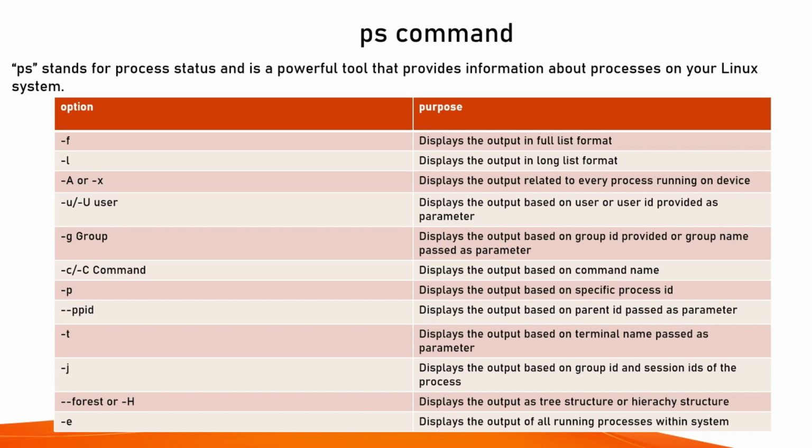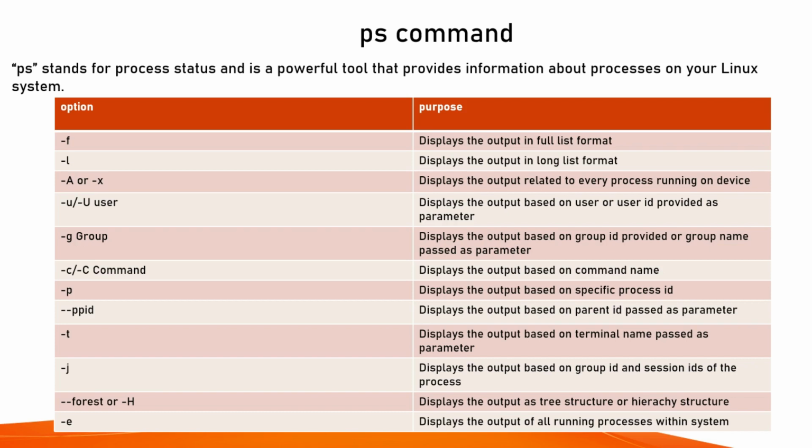Everything running on the Linux system is considered a process. We will be going through the options in the demo session soon. But before that, let's study what these options stand for.